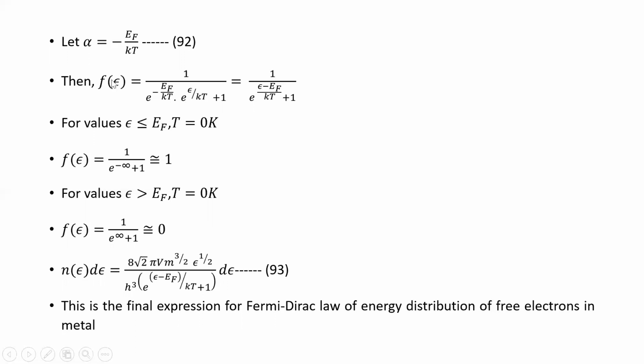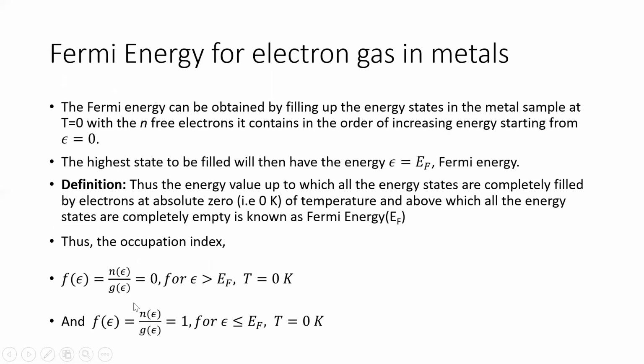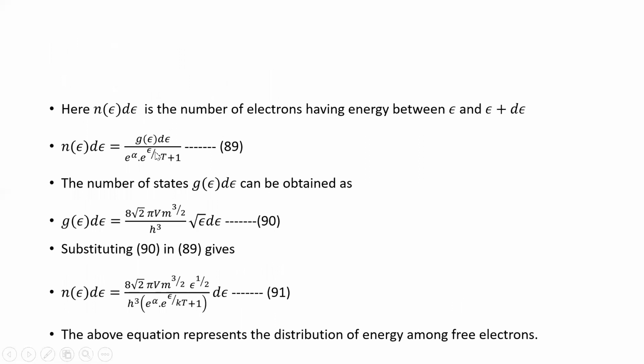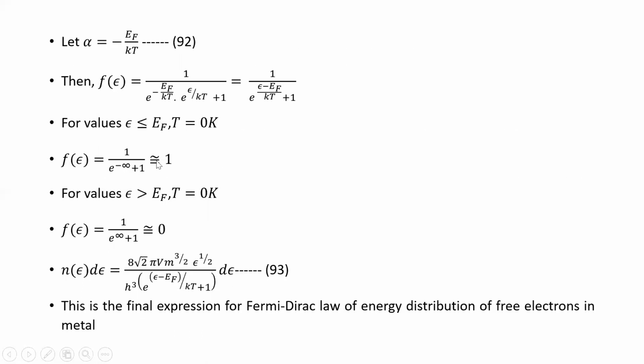Then the expression for F of E: F of E is nothing but N of E by G of E. And the expression for N of E is given here. So divide it with G of E. Then we will get 1 by this expression, where alpha is substituted with minus EF by KT. Now we will get this expression: 1 by e to the power of (E minus EF) by KT, plus 1.